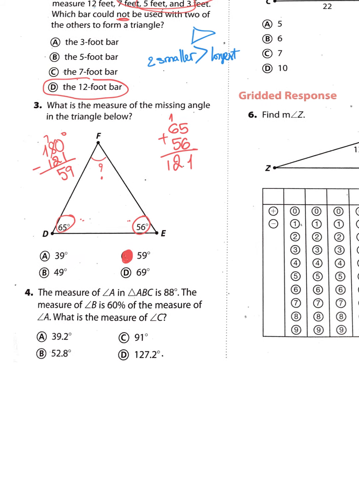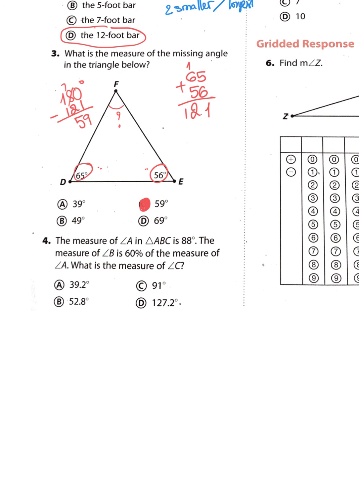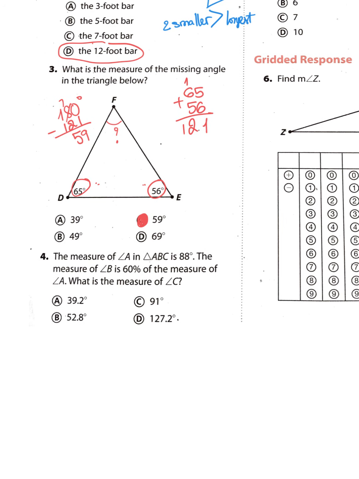Number 4, the measure of angle A from triangle ABC is 88. The measure of angle B is 60% of the measure of A. What is angle C?